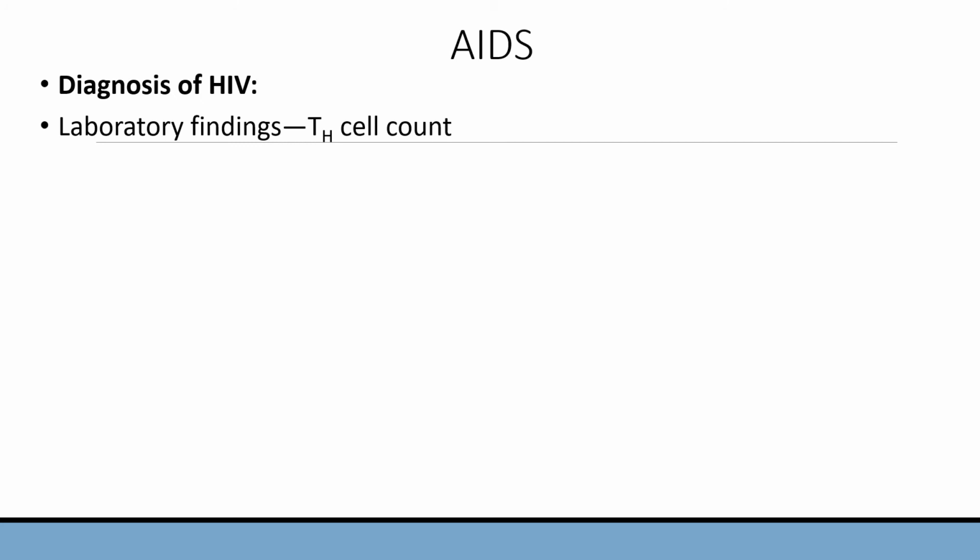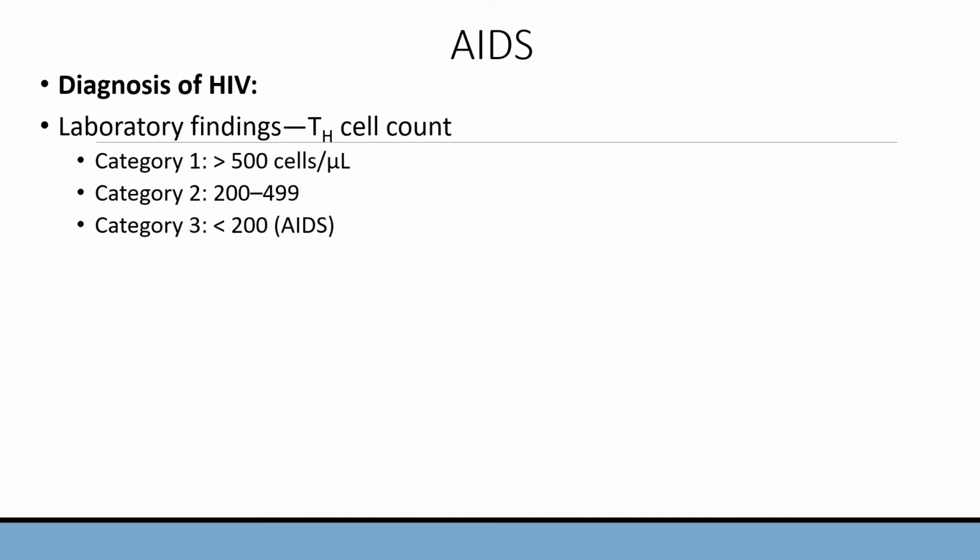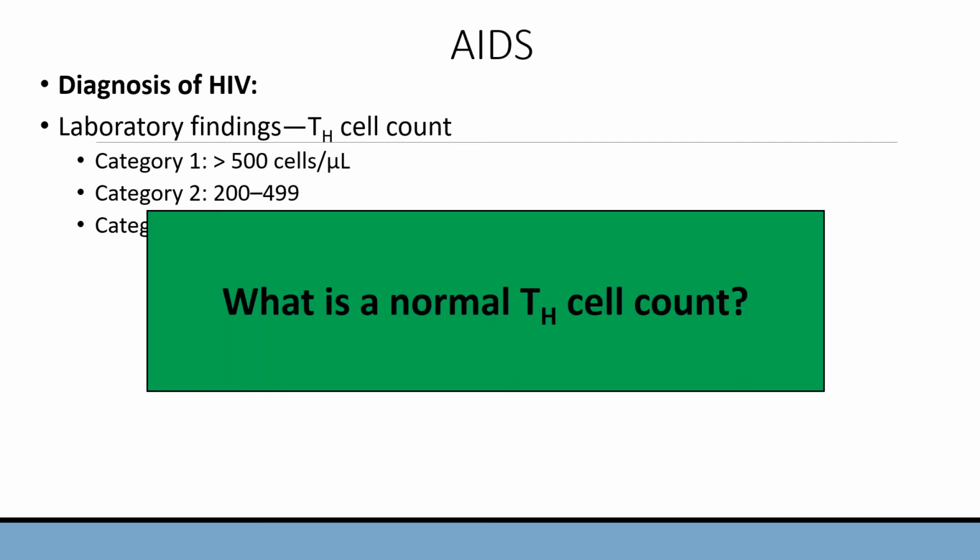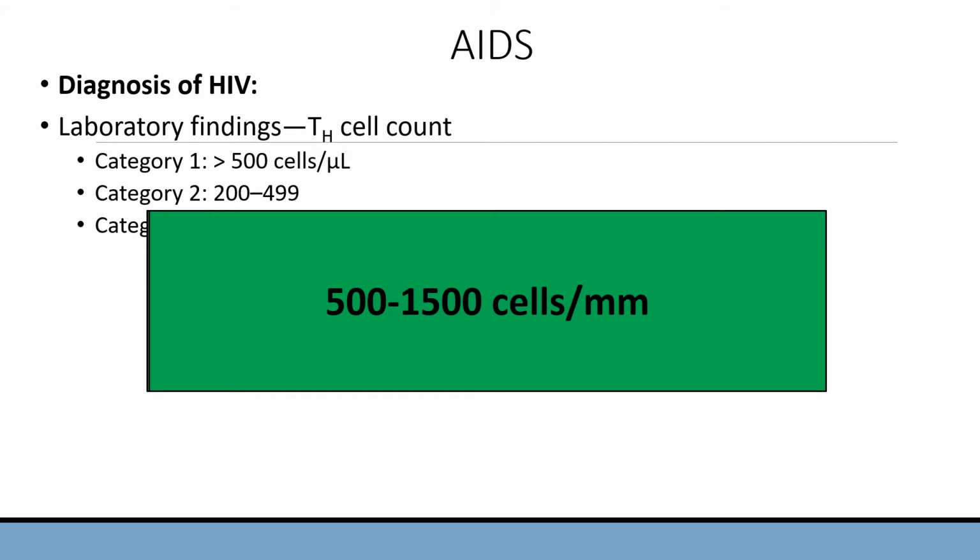All right, so diagnosing HIV along with the tests, okay, you look at the helper T cell count to help you diagnose this. Okay. There's category 1, 2, 3, and then what is the normal helper T cell count then? Right, so you need to put everything in the bigger picture. 500 to 1500 cells per milliliter or microliter.